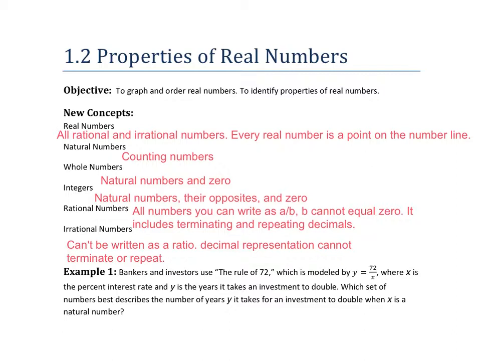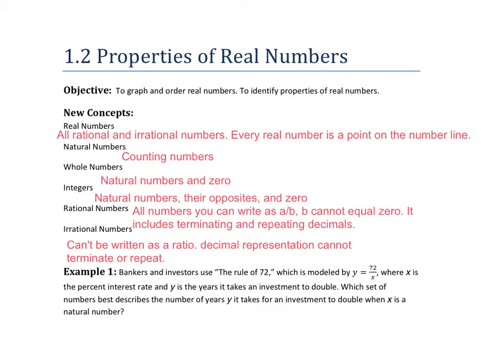Then from there, we go into what we call the rational and irrational numbers. What's the difference between the two of them? The rational numbers are all the numbers in this subgroup that can be written as a quotient, and remember, quotient is division, A divided by B. B cannot equal 0. We'll talk a little about that in the next couple of exercises.